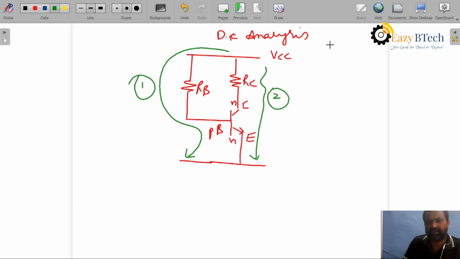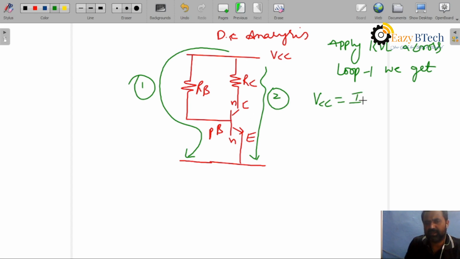By applying KVL across loop 1, we get VCC is equal to IB RB plus the voltage between base and emitter, VBE.